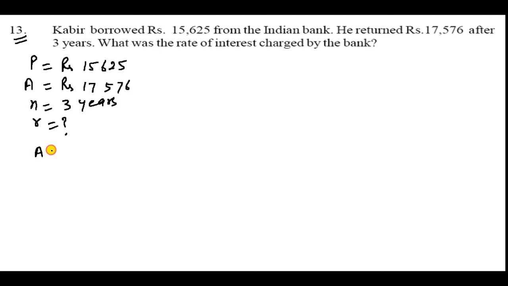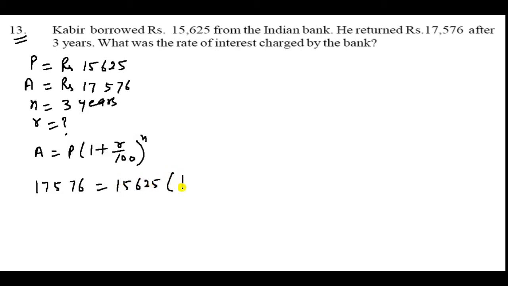As you know, the formula is given as amount A will be equal to P (1 plus R upon 100) whole power N. So A will be 17,576 and P will be 15,625, and (1 plus R upon 100) whole power is 3.